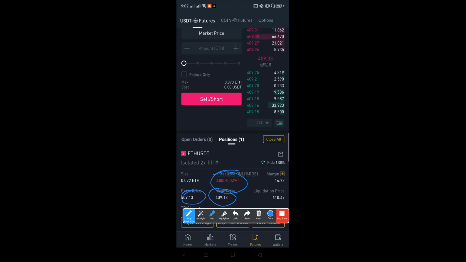in negative. So for this account to liquidate, what it means is that for this account to be at zero, if I forgot to set my stop loss or my take profit and it goes against me, it means that Ethereum, because I use 2x, that is the reason why they are giving me that liquidation price.